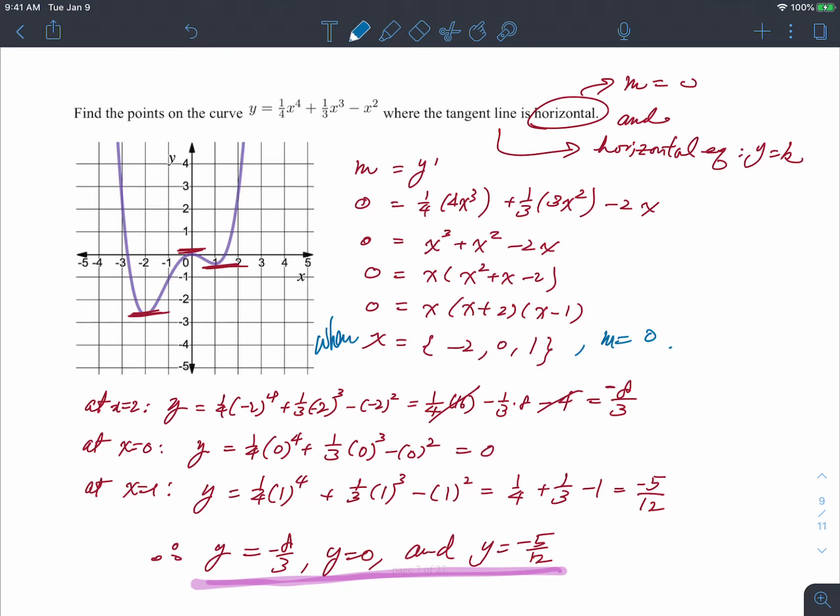Right? So now, because the horizontal tangent is just a y value, I say at x equal to 2, I'm going to plug that into this equation right here. And after some calculation, I get negative 8/3. Same thing with x equal to 0, which gives you 0. And we could plainly see that. And x equal to 1, you end up with negative 5/12.